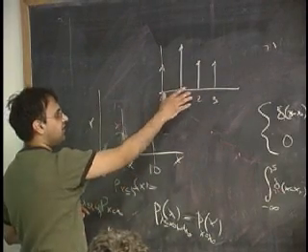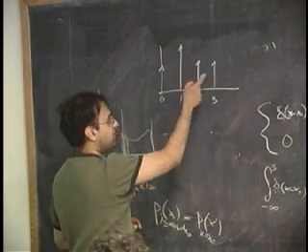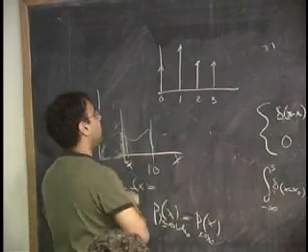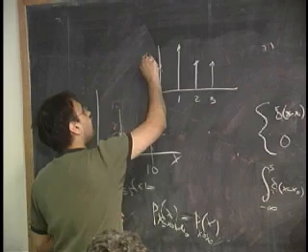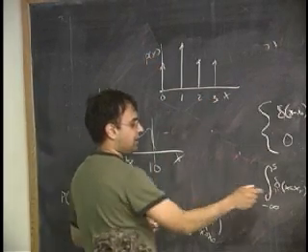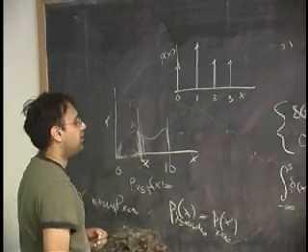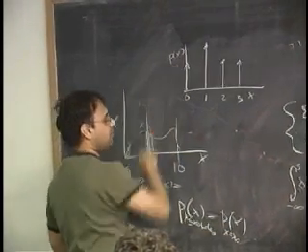I can translate it into multiplying each of the values in a particular space with p of x, multiplying each by an impulse function at that point, with the area scaled by the probability.